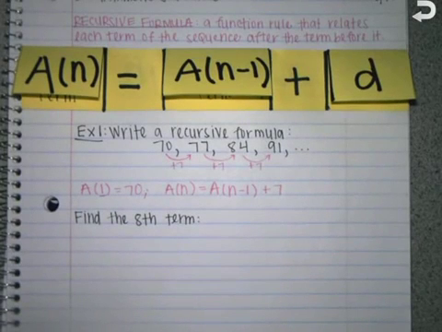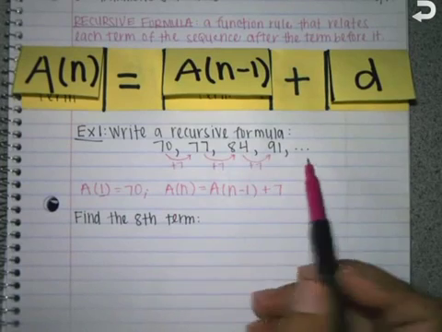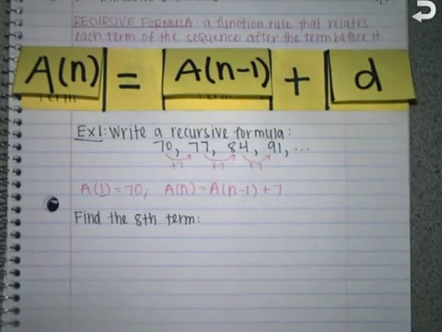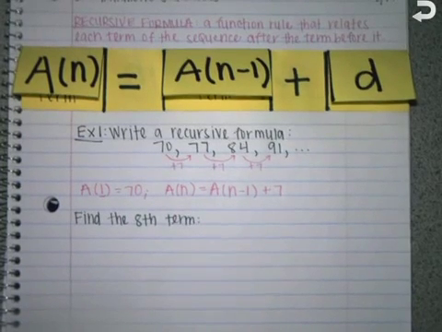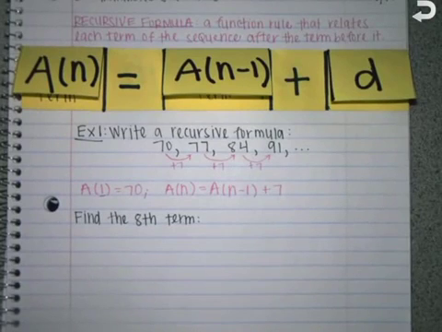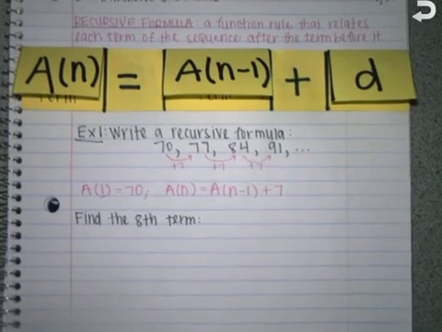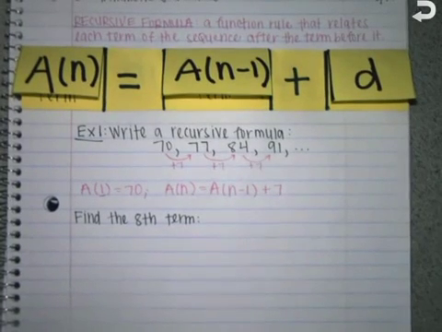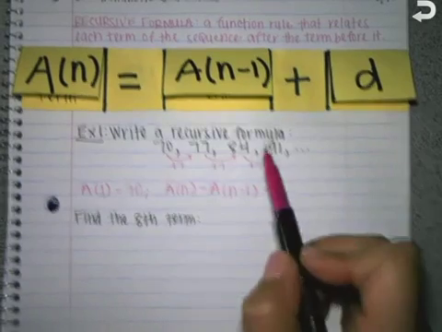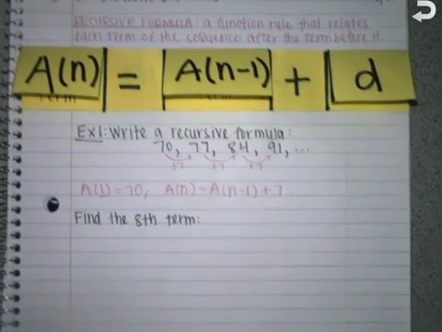The 7th. Do I know the 7th term? No. So that means to find the 7th term, I need to know the 6th term. Do I know the 6th term yet? No. So to find the 6th term, I need to find the 5th term. Do I know that one? No. Okay, so to find the 5th term, I need which one? 4. Do I know the 4th term? Yes. Okay, so we have to start with A of 5.